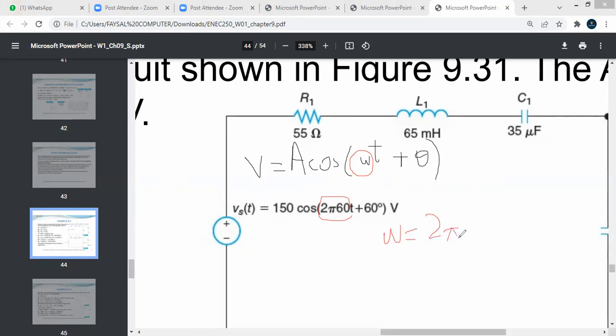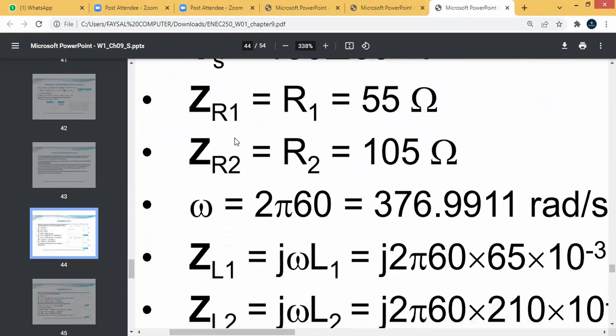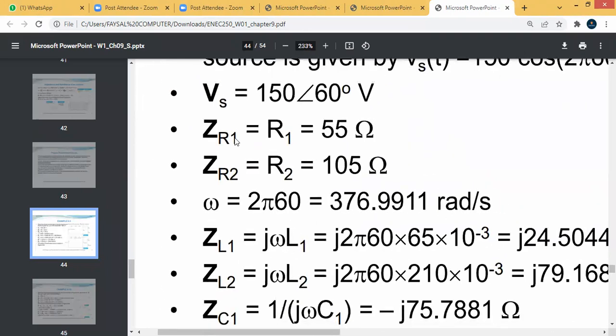Omega equals 2 into 3.14 into 60. For this we just find the value from the calculator. So this value will be equal to 376.99 radians per second.